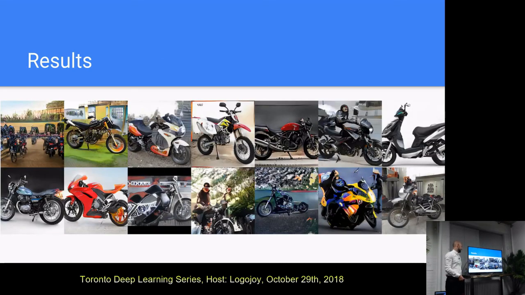And these are some of the other results that it came up with. This is if you train it on motorcycles. I find the results with objects aren't as good as the results with faces. On first blush, they look really real. But after about a second or two, you can start to see the proportions of this are just a little bit strange.